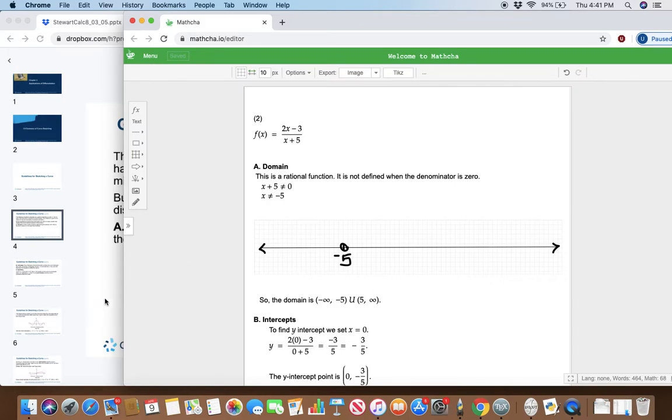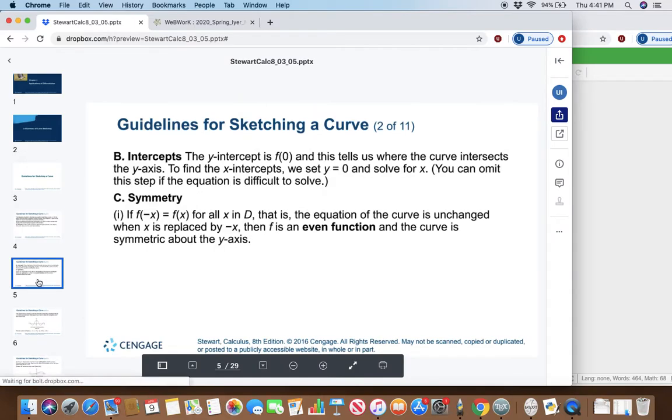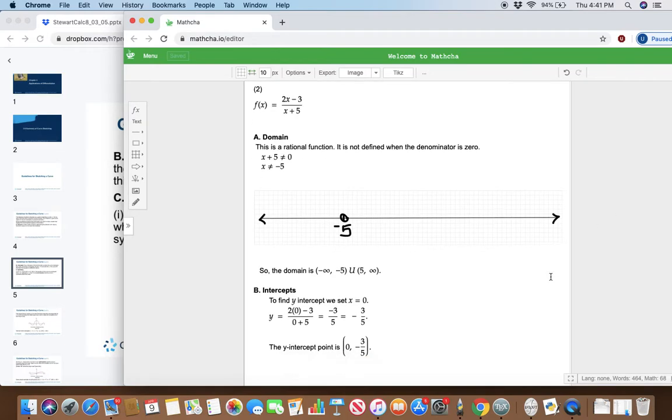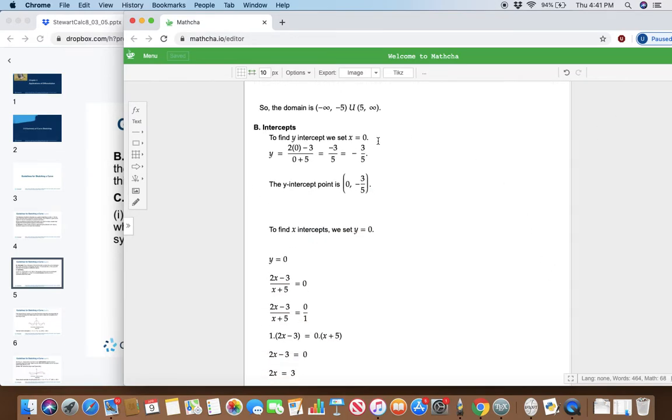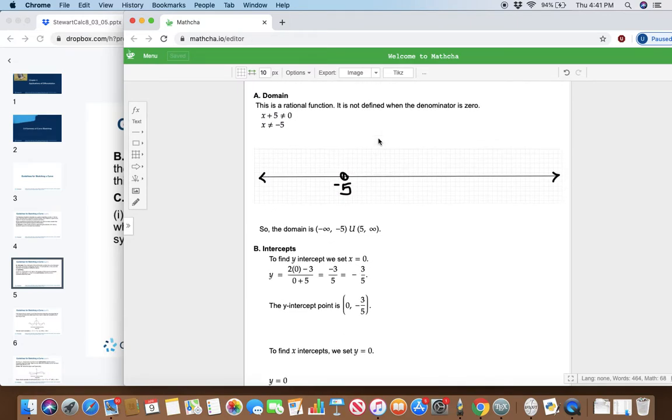The next item in our checklist is intercepts. You have two kinds of intercepts. First is the y-intercept, second is the x-intercepts. You can have more than one x-intercept, but you will have at most one y-intercept. To find the y-intercept, we have to set x equals 0 in our function.